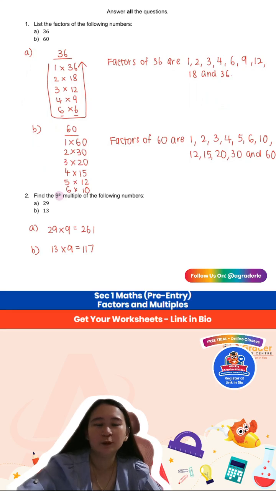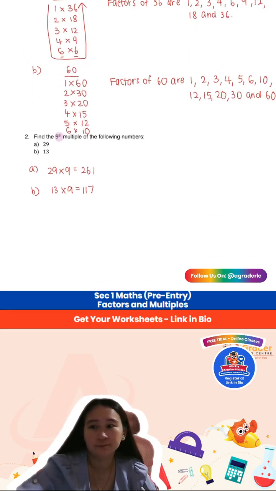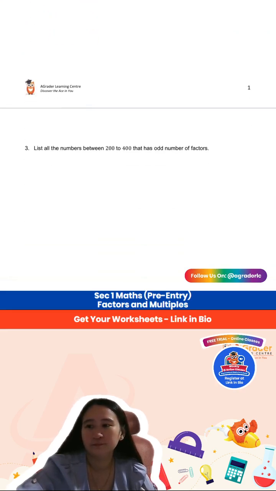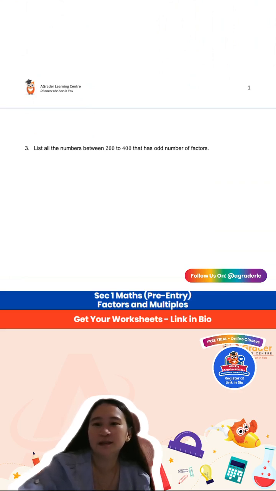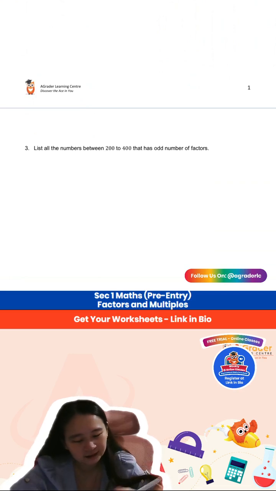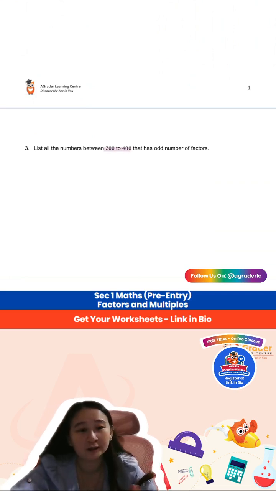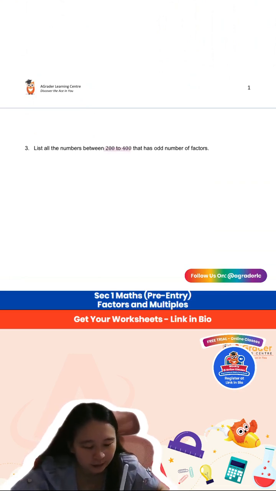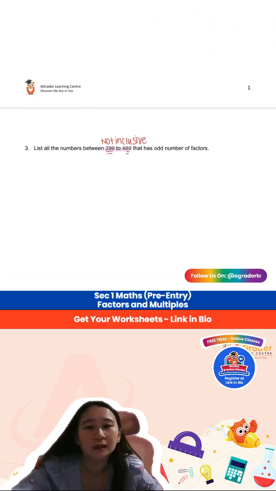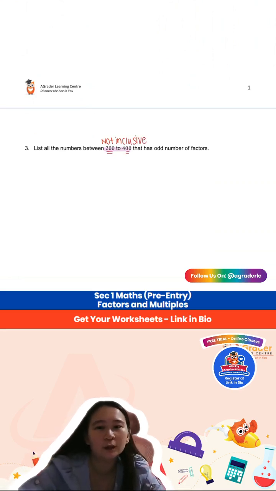Next, we can move on to question 3. They're asking to list all the numbers between 200 to 400 that have an odd number of factors. Between means it's not inclusive because they never say inclusive. So not inclusive of these two numbers. It has to be between these two numbers.